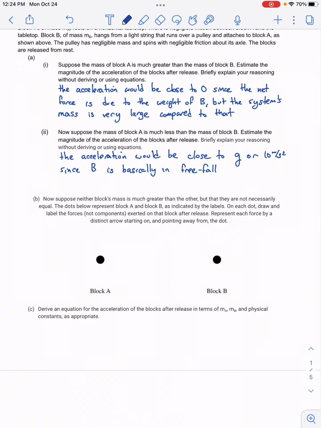Now we want to draw the free body diagram for this situation. In this case, block A and block B have closer, more similar masses, but not necessarily the same masses. So we don't really care about the length of these vectors. This is mass of A times g, the force of gravity.